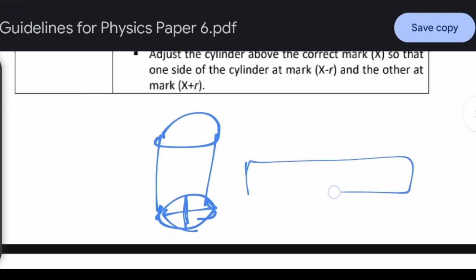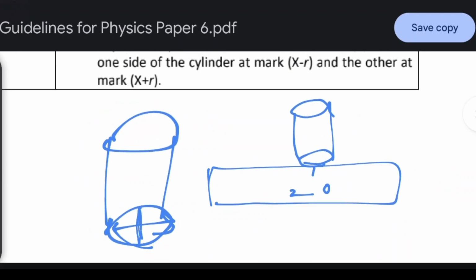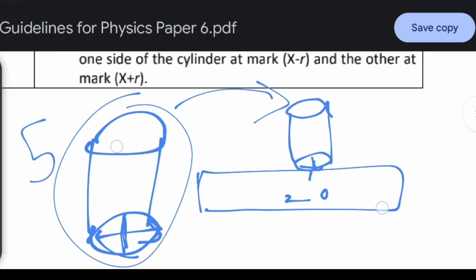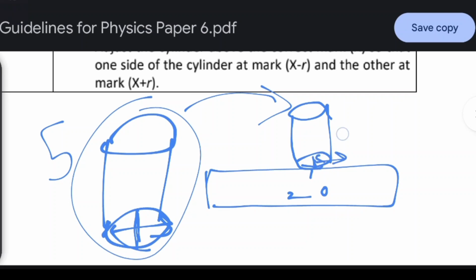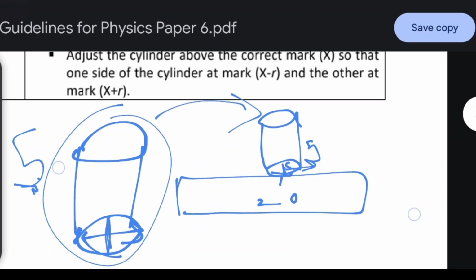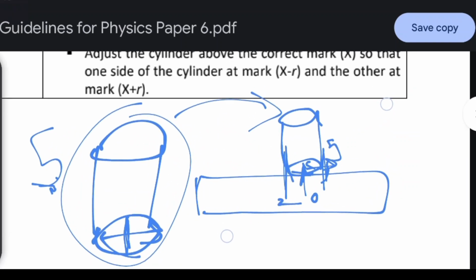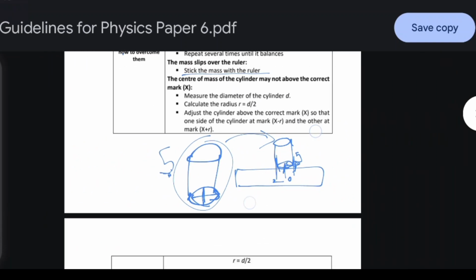So basically, if you have a ruler and you want to keep the cylinder at the 20 centimeter mark, you will keep it in such a way that, let's consider the radius as 5. This point should be 20 plus 5, and this point should be 20 minus 5. So that it is exactly at 20. So x minus r and the other should be x plus r. I hope you all got this.